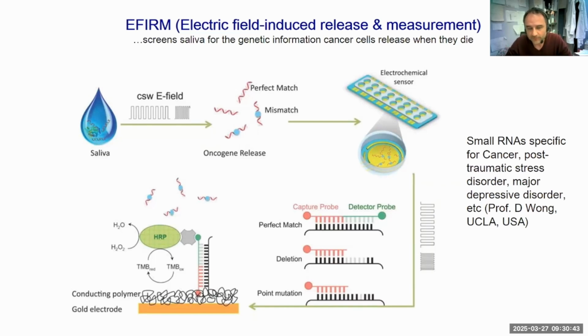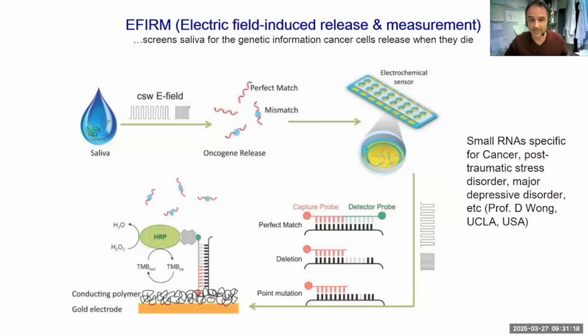In some cases, for example, if we have a cancer, some small RNAs are being produced and released from cancer cells when they die, and they end up in saliva. So the group of Professor Wang in California, for example, has developed a method to quantify the presence of these small RNAs in saliva, and they appear to be very sensitive to detect different cancer types and other general systemic conditions.